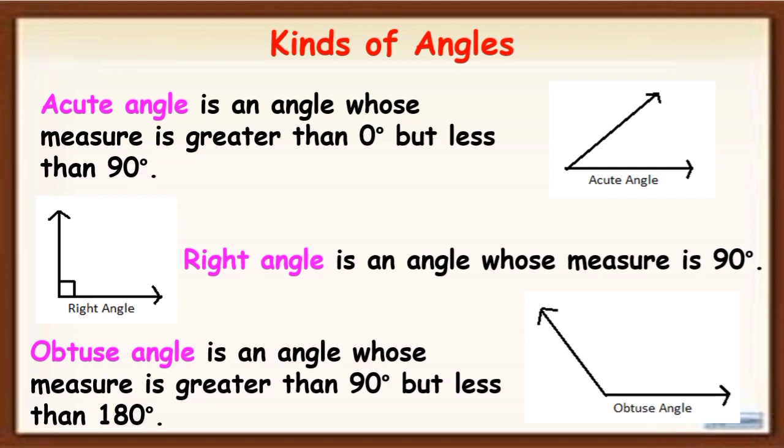So, pakitandaang mabuti yung kinds of an angle, which are the acute, right, and the obtuse angle. So, tandaan, when we say acute angle, the measure is greater than 0 but less than 90 degrees. And the measure of a right angle is 90 degrees. And the obtuse angle is an angle whose measure is greater than 90 degrees but less than 180 degrees.